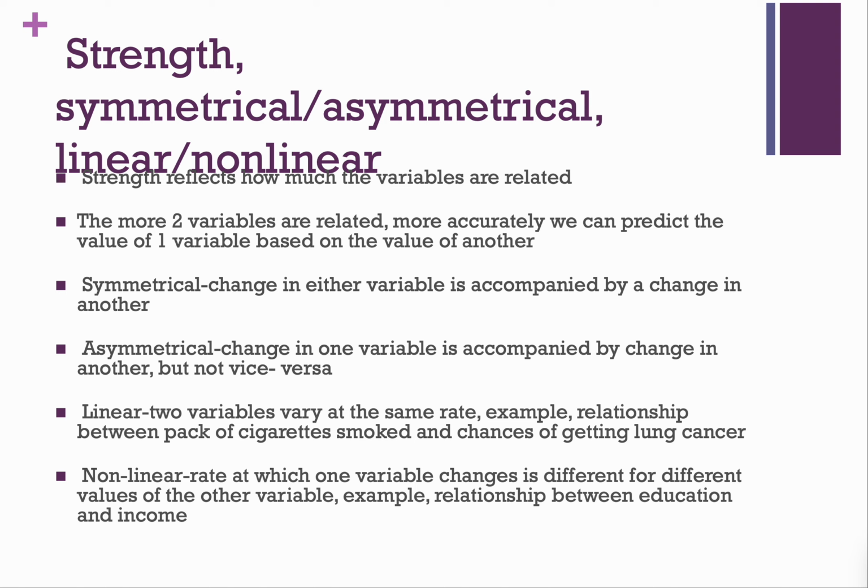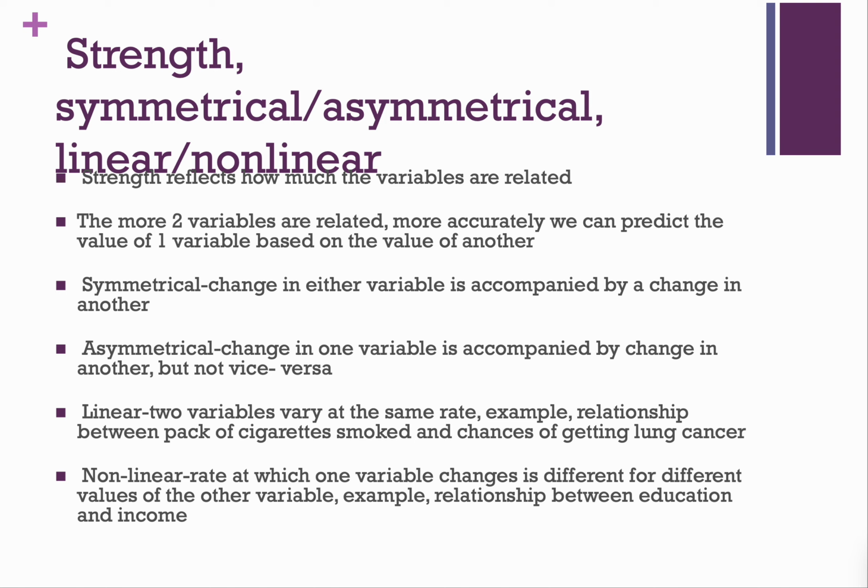So again, education and income is a very good example of a nonlinear relationship. Now there is a tipping point, right? That is the point of diminishing returns. As far as education goes, you can get a lot and a lot. You can get like 10 PhDs. Is that going to give you more income?